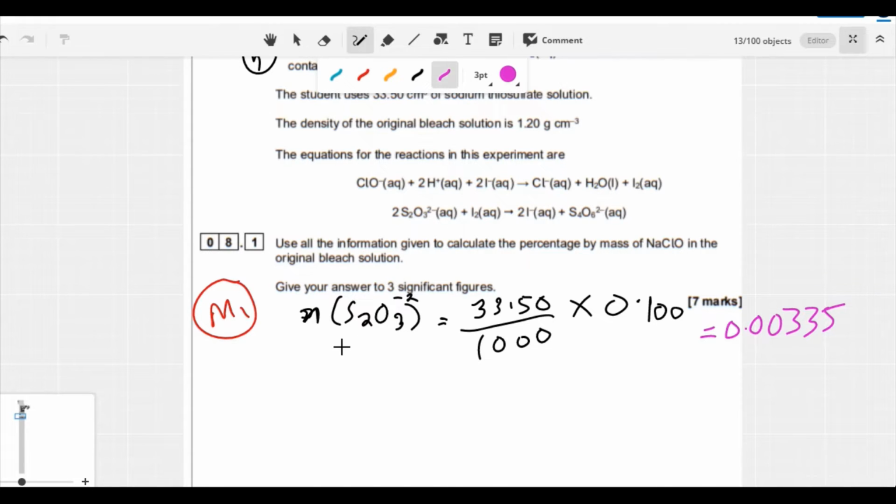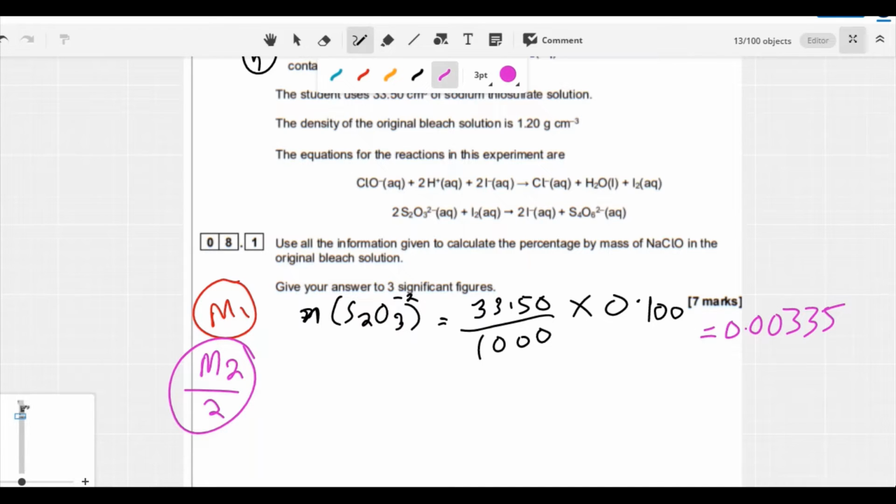Now the next one: in this equation it is going to react with iodine, and when we compare the molar ratio, it is 2:1. So it means iodine will be half the moles as compared to S2O3 ions. So step 2 is M2 divided by 2.